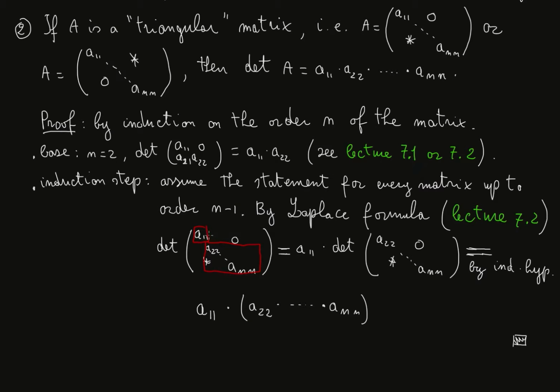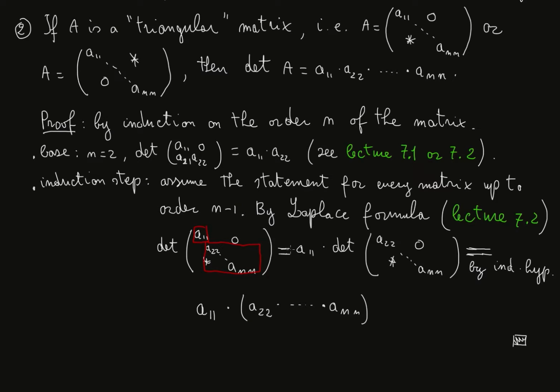So we will have all the coefficients above the diagonal that will be 0, and then any other coefficient is just randomly picked. Now, if we expand the determinant of this matrix along the first row, we just have one summand, because we just have one non-zero coefficient in the first row, namely a11, and all the others will be 0 by assumption.